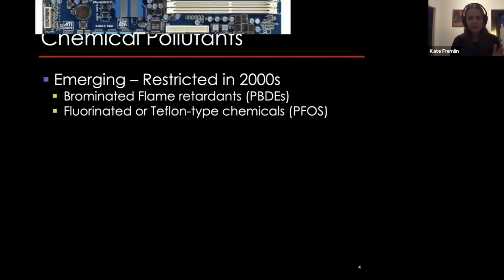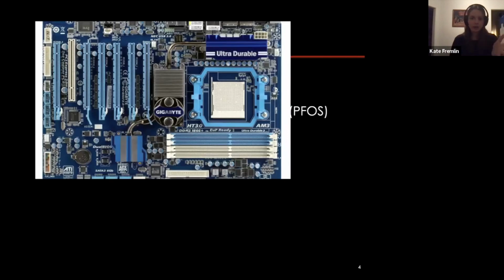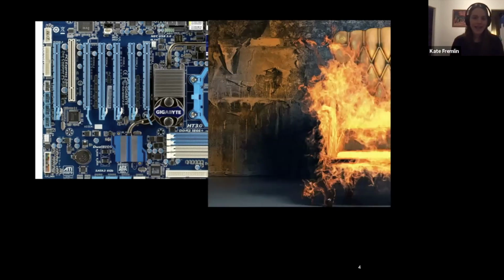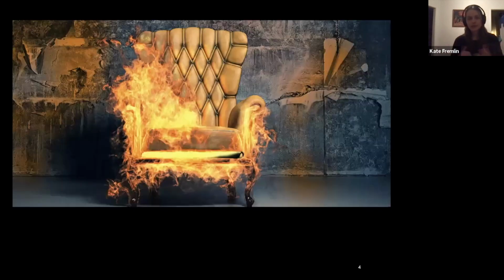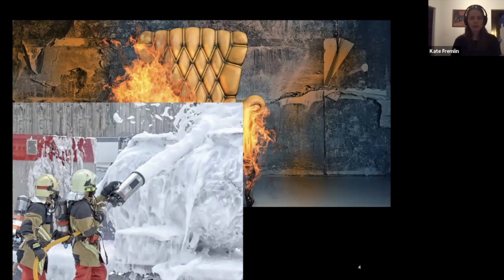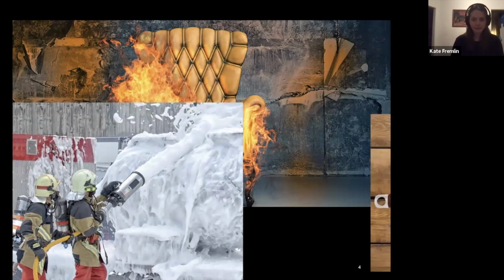And so these chemicals are generally used for our electronics to help them not burst into flames when they get really hot. And we also commonly use these flame retardants on our furniture, on our drapery, on our carpets in our households. And we also use them for firefighting foam agents, as depicted here.